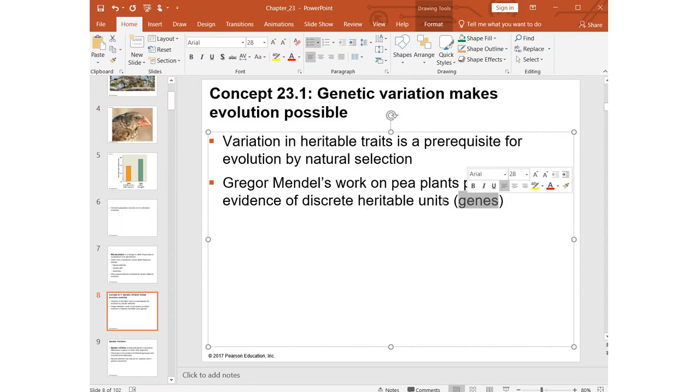That was later on, but his work showed definitively for the very first time that there is a definable and definite heritable unit or factor that causes genetic change.